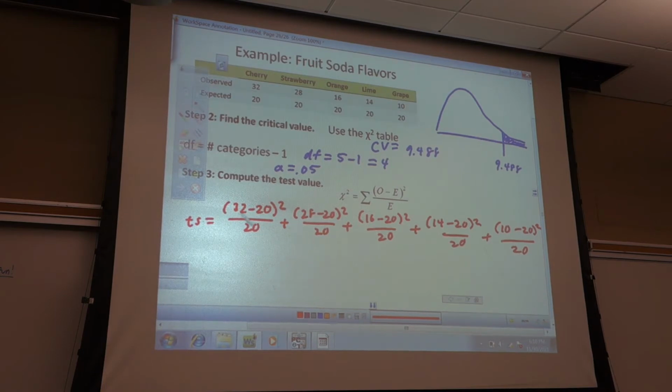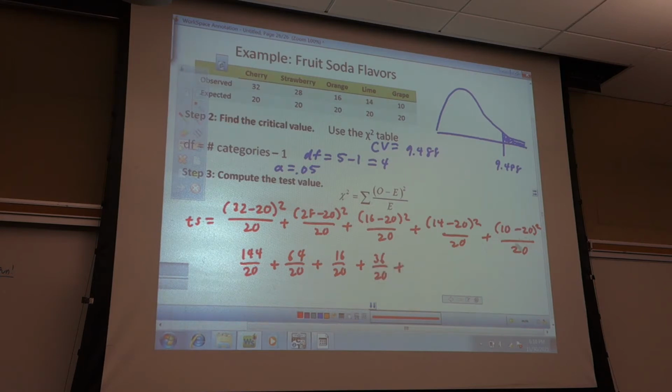Okay, so then I gotta look through this, and luckily these numbers are pretty easy, so it's not too bad. 20 is easy to work with. So 32 minus 20 is 12. 12 squared is 144 over 20, plus 8 squared, 64 over 20. 16 minus 20 is negative 4, but once you square it, it becomes positive, so I kind of ignore the negatives here. So 4 squared is 16 over 20. This is a difference of 6. 6 squared is 36 over 20.